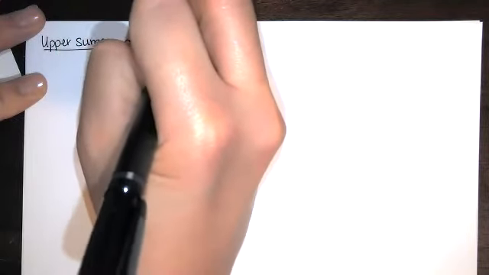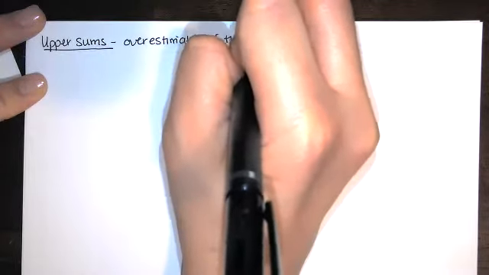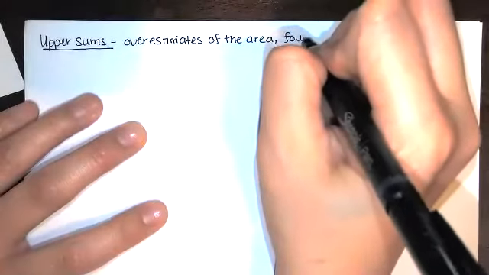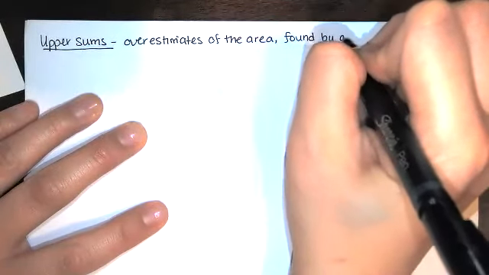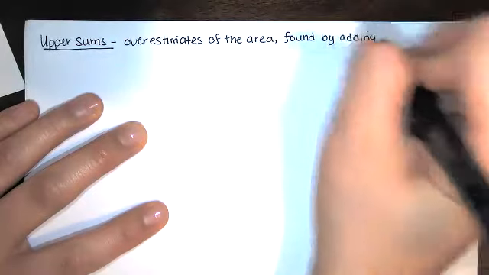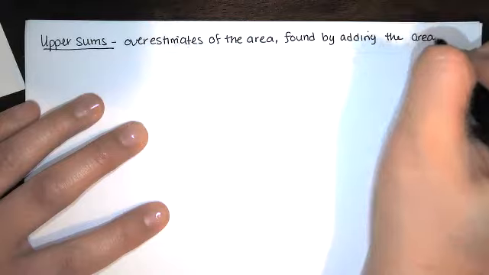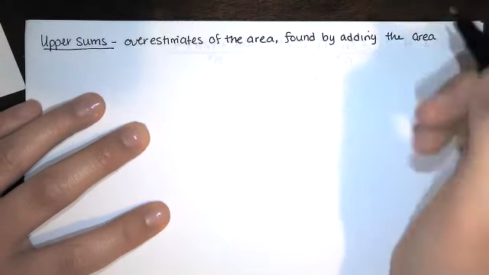So upper sums are overestimates of area. And they're found by adding the areas of what are called circumscribed rectangles.